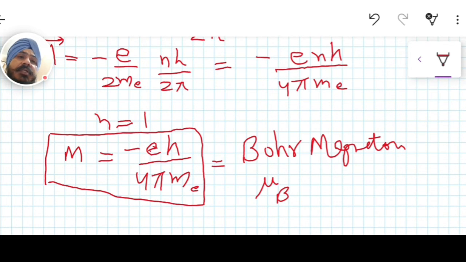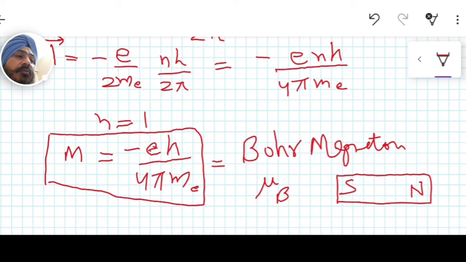It is a vector quantity because the revolution of the electron will determine the direction of the magnetic field. As you know, inside a bar magnet the magnetic field lines are from south to north, and from north to south outside the magnet.